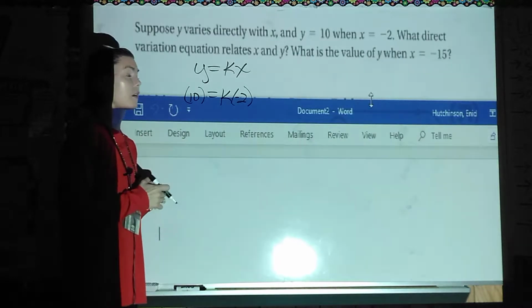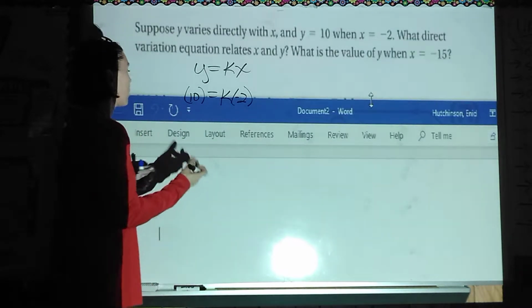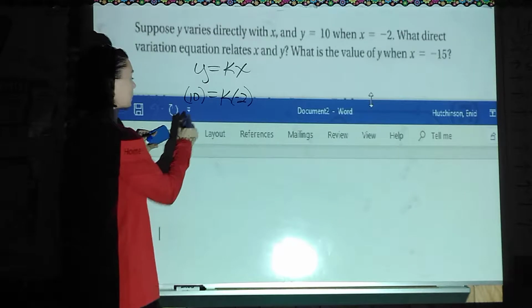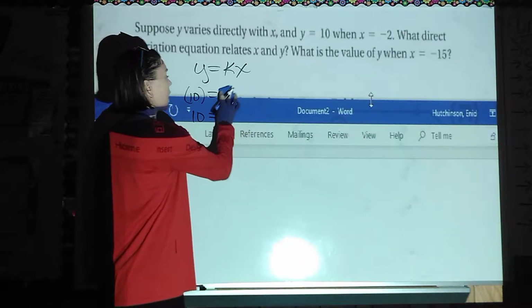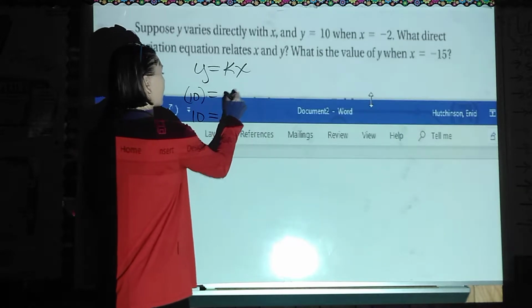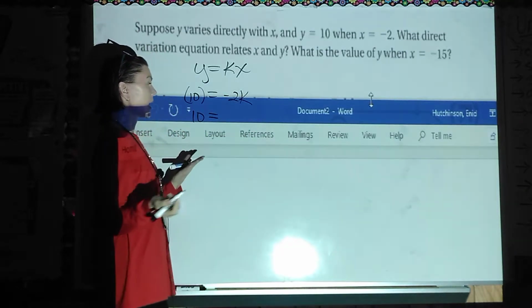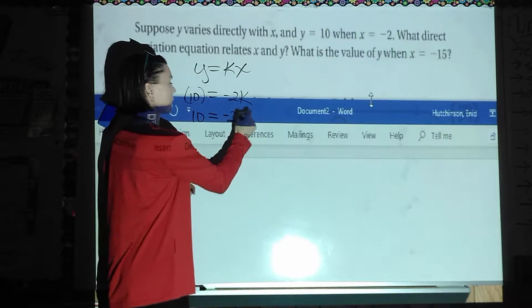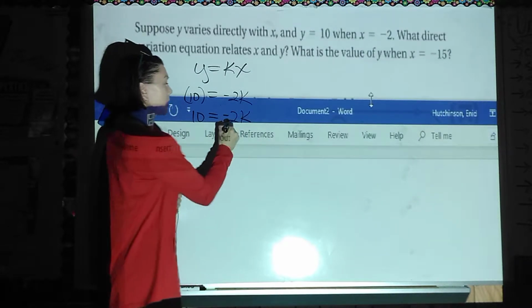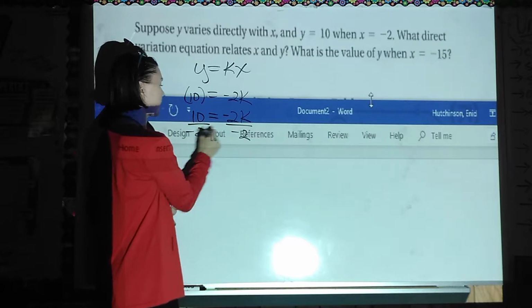So we have to solve for k. Okay. Well, let's do the math. 10 equals k times -2, which is -2k. And then we have to solve for k. How do we do that? By dividing by -2 on both sides.